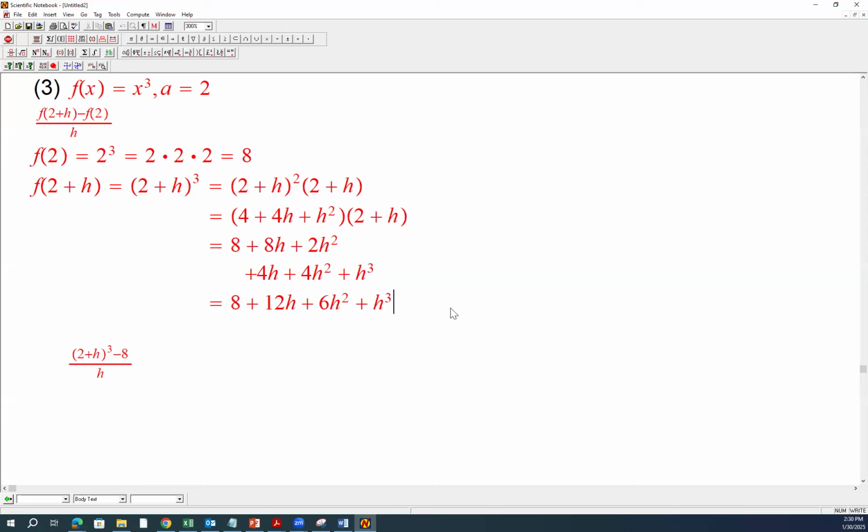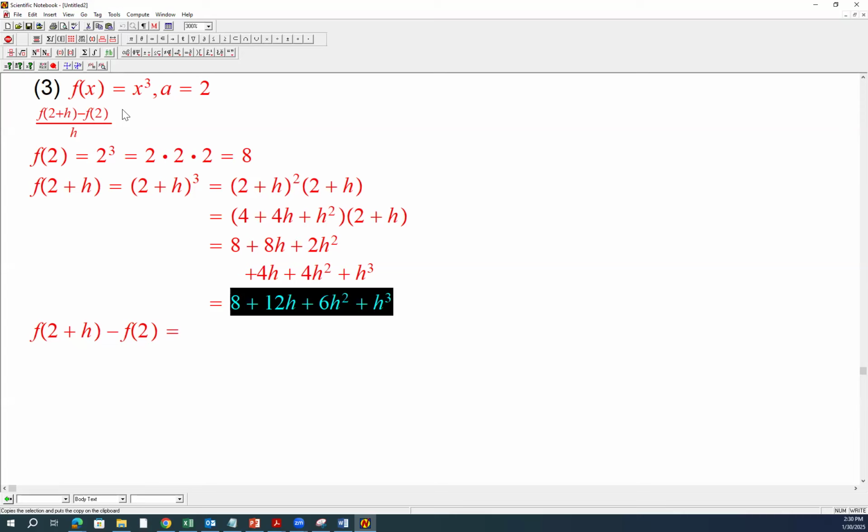So next, we're going to do the numerator. The numerator is f of 2 plus h minus f of 2. We know f of 2 plus h is this piece, right? So we're going to subtract f of 2, which is 8.